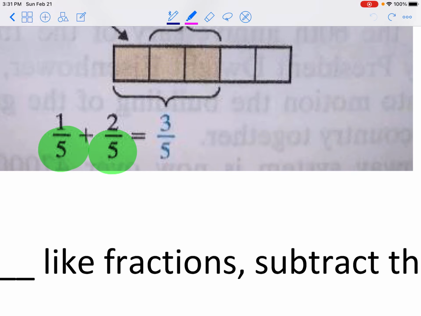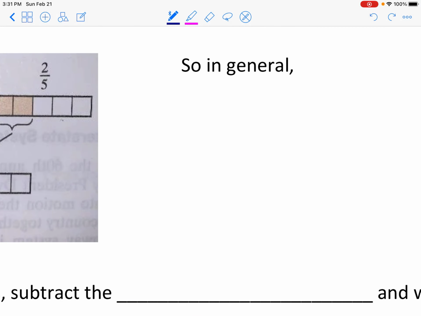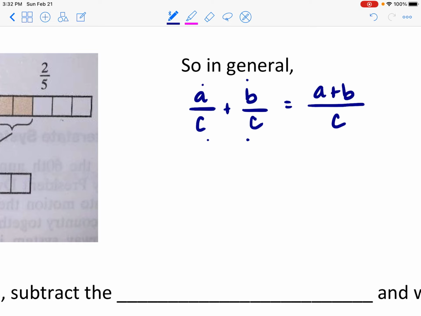Okay? So in general, when we are adding fractions that have common denominators, you would have something like a over c plus b over c. If our denominators are going to be the same, we're going to keep that common denominator and then just add our numerators. So the a plus the b in the top of the fraction.